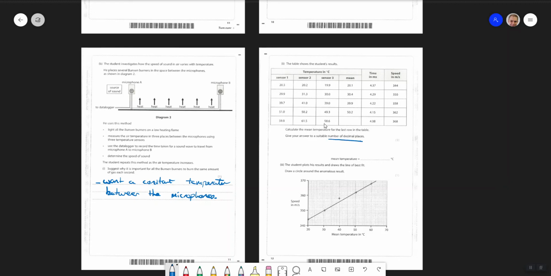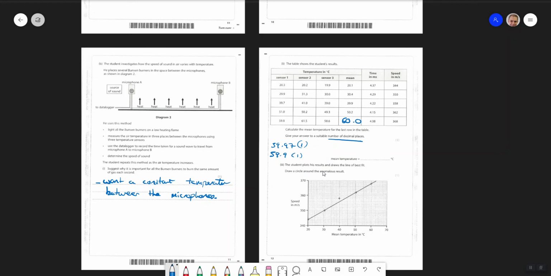These are all to one decimal place, so you would end up with 60.0 as the number you need to get. If you say 59.97, you've got too many significant figures, you'll get 1 mark. If you accidentally round that to 59.9, you also get 1 mark. So it's 1 mark for calculating the average, so 1, 2, 3 divided by 3. The second is for saying that's to 1 decimal place, so 60.0.